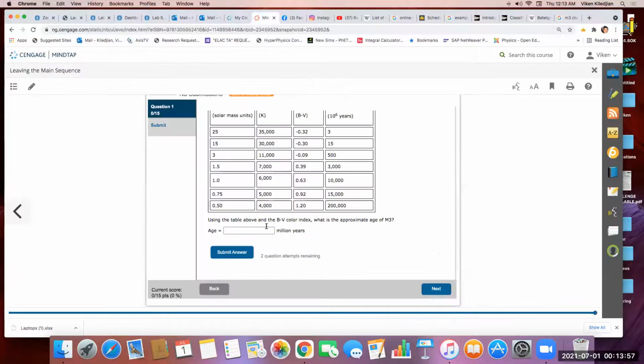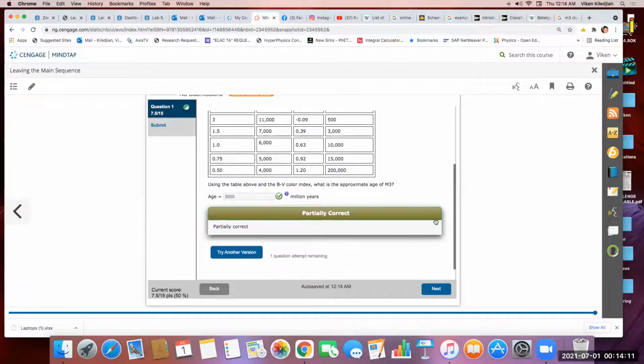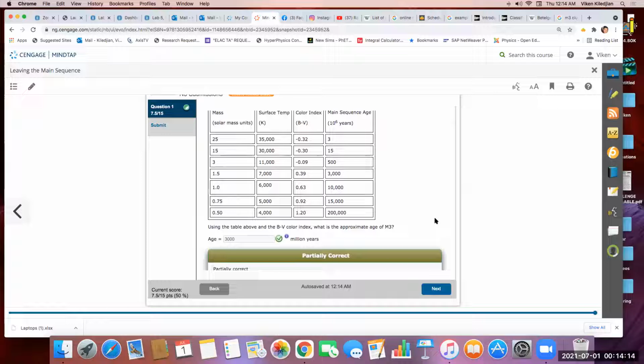Let me just try 3,000 million years here. Partially correct? Oh, but it doesn't tell you what it is. Try another version.